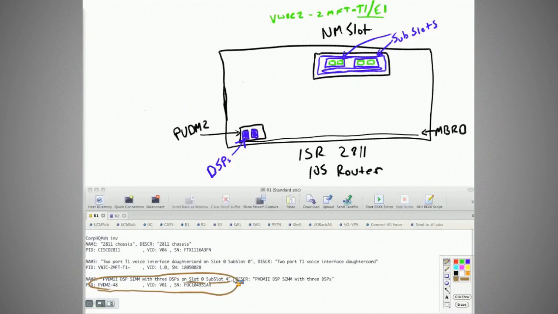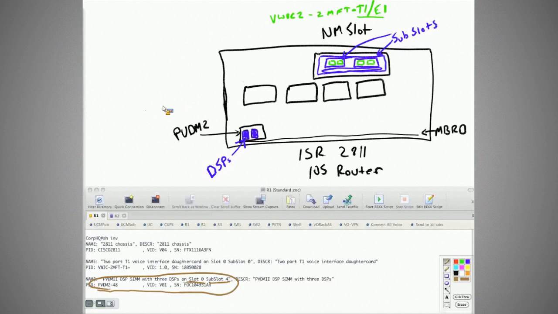So with the ISR routers having the ability to have assets directly on the motherboard, I actually did forget to key in one set of assets here on the router that will make a difference. We have the ability to have four voice subslots.